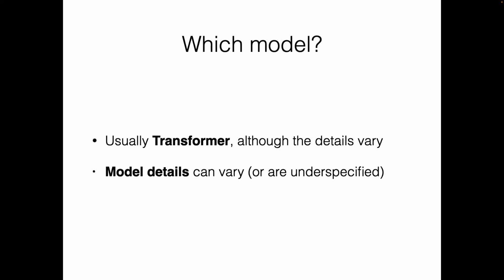Like we saw in the last lecture, from Llama 1 to Llama 2, they introduced group query attention. So when you look at the details, these different models might have slightly different variants. And sometimes people don't publish the details, and we don't actually know the exact model that they're using.